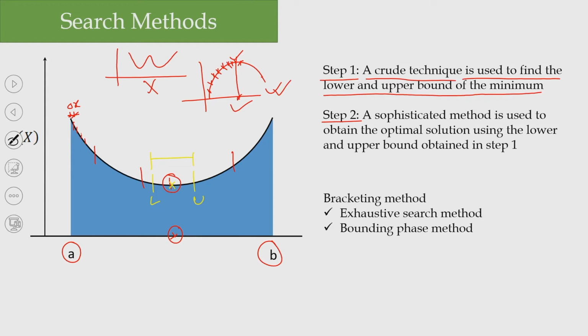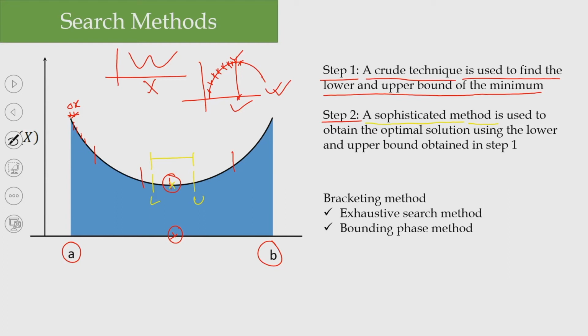Then I can apply a sophisticated algorithm to find the exact optimal solution of this problem. That is the objective of step 1, and in step 2 you are applying a sophisticated method to obtain the optimal solution using the lower and upper bounds obtained in step 1.